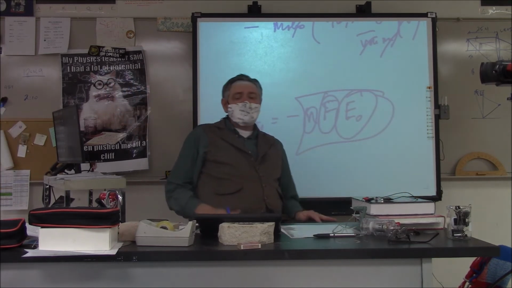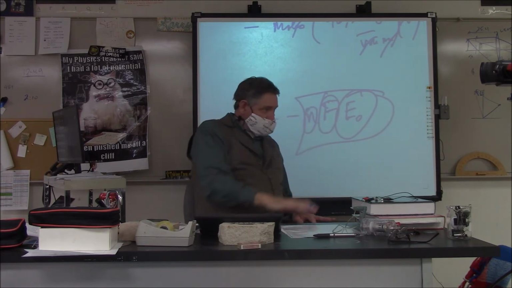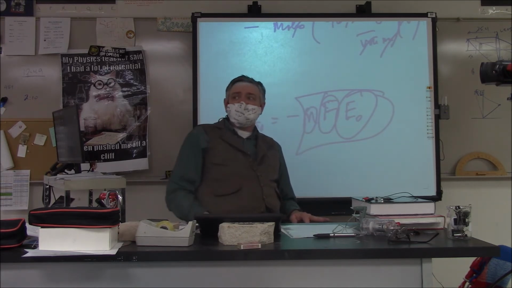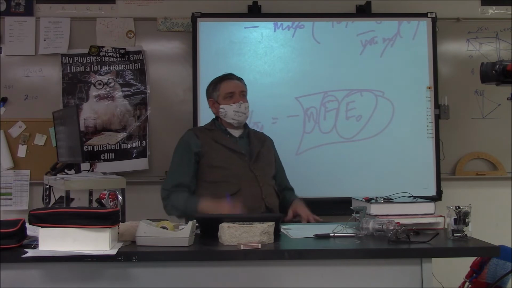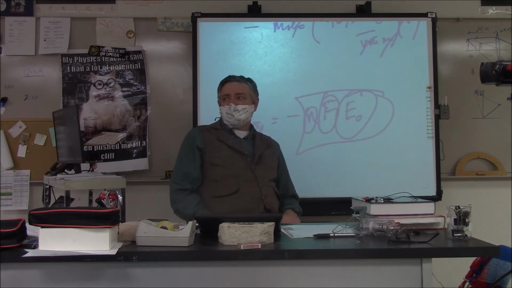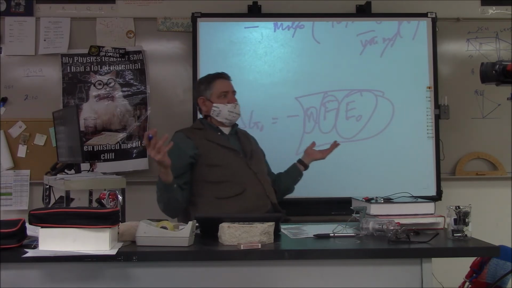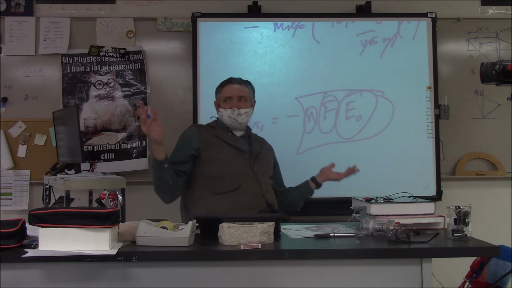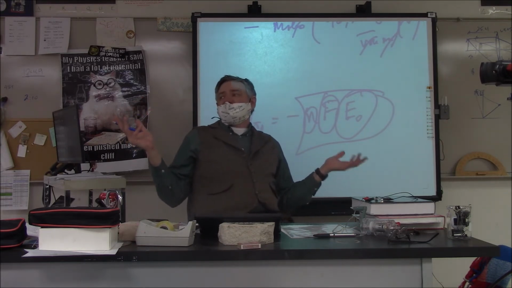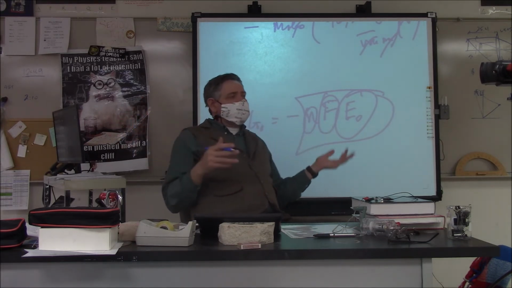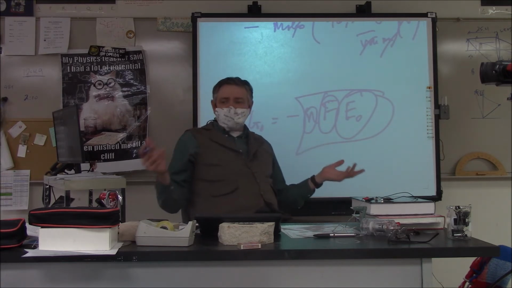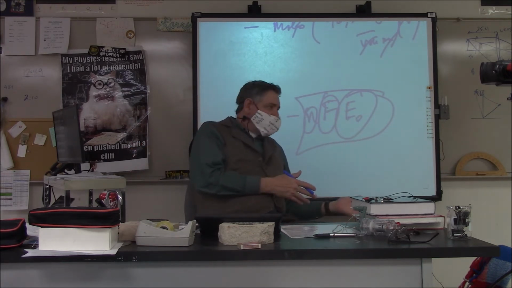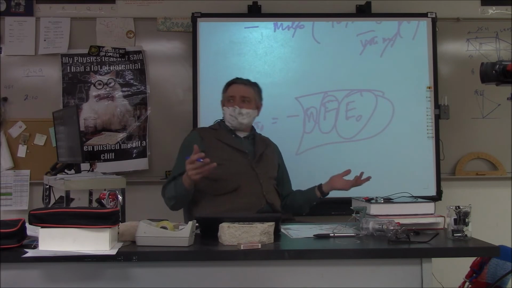Now, if E naught equals 0, think this through. If E naught equals 0, are any electrons going to move? No, the system's in equilibrium. Battery is dead. Nothing's going to move. If there's no potential for the electrons to move, guess what? You can't do any work because the electrons aren't going anywhere.